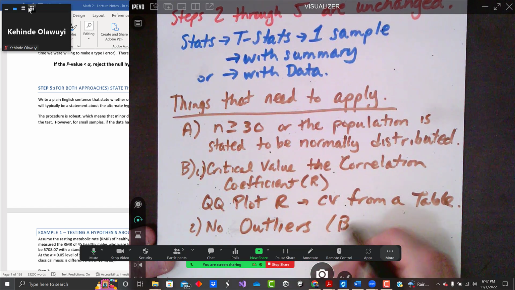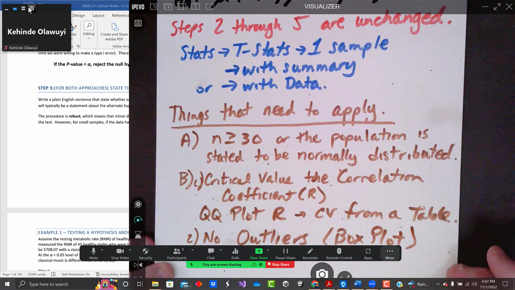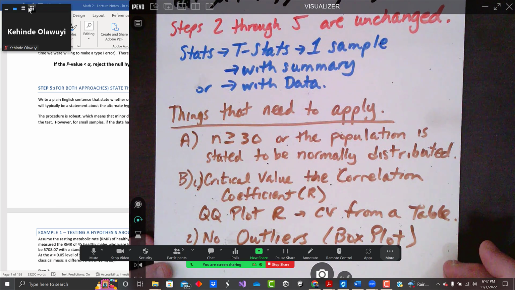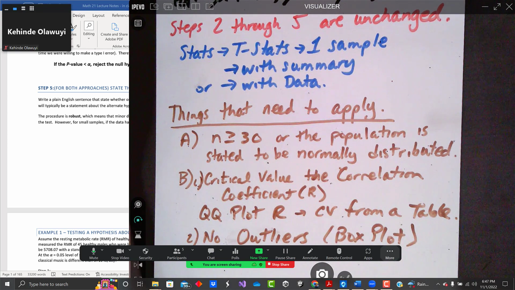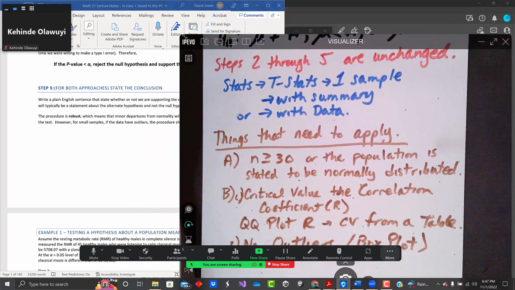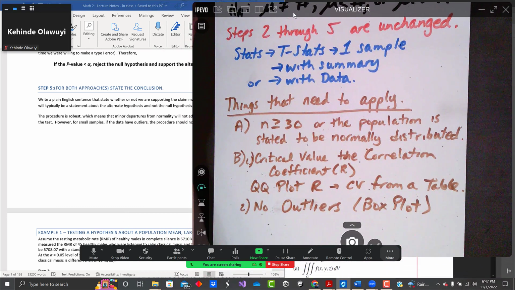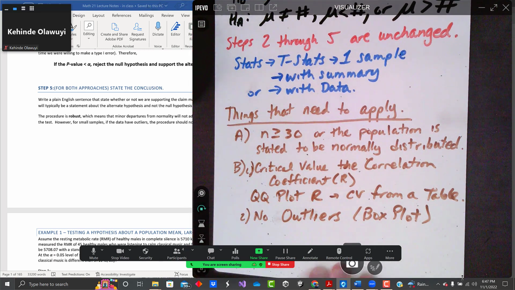So you can check it on a box plot. So if I can get it all on one screen, I probably can. If I do this. There we go.